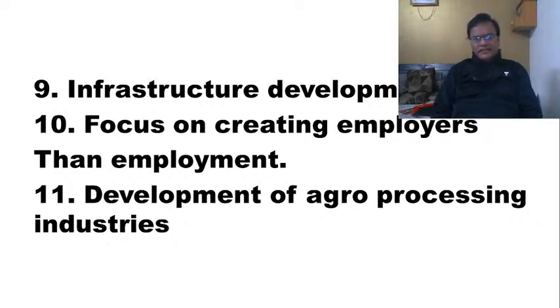And of course, another sunrise industry where we can talk about more job creation is what we call agro processing industries also. This is where again you can have a good amount of employment opportunities for people, and mostly we can say here for unskilled labor also, wherein India has a huge amount of population.